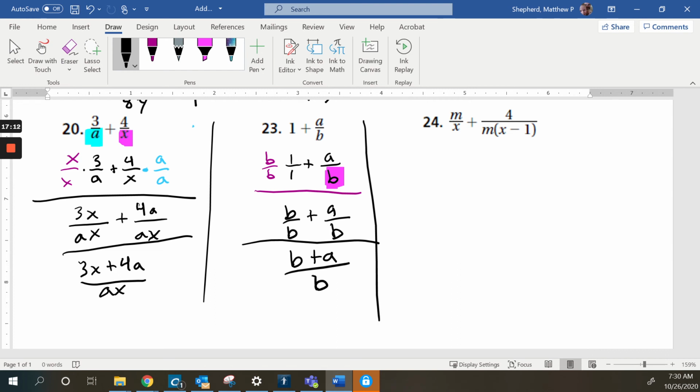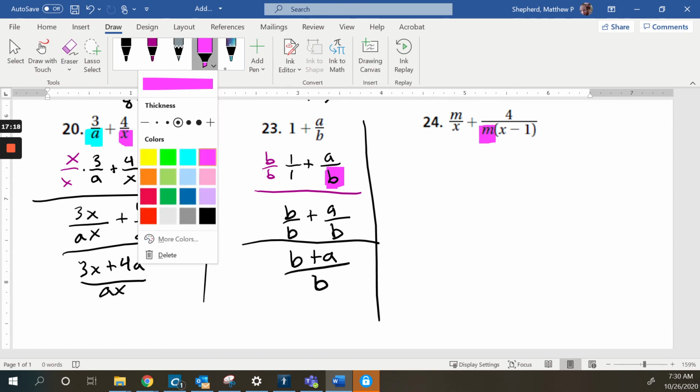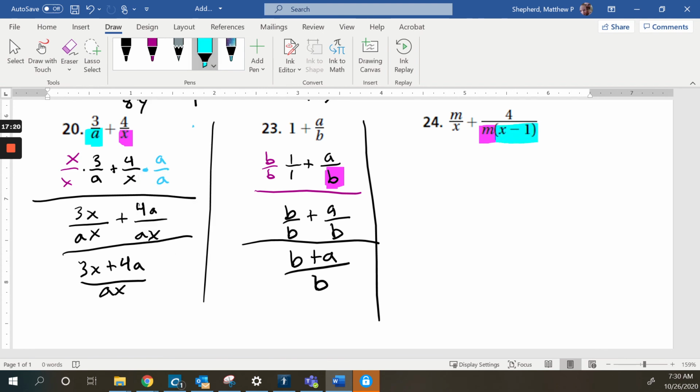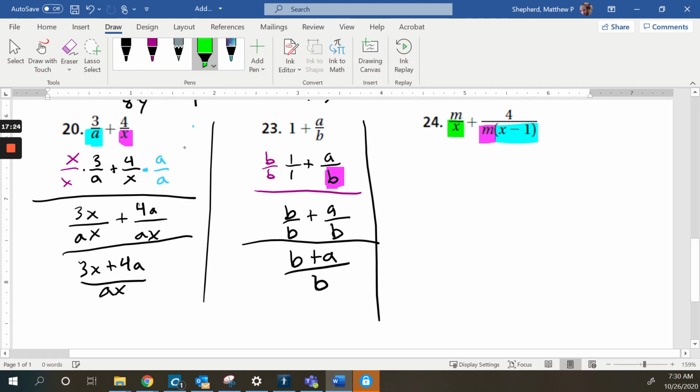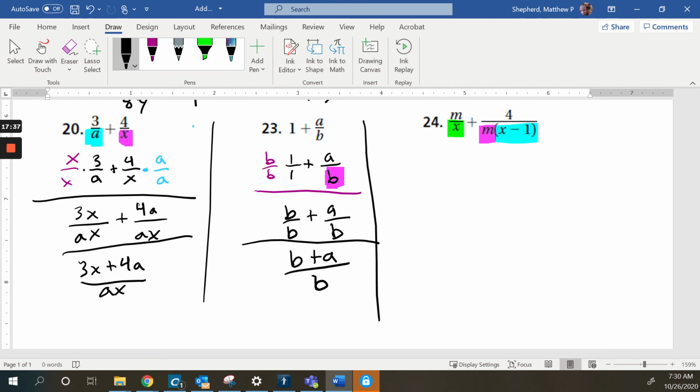So in this next one, once again, we do not have like denominators. We've got 3 different factors at play this time. But it's not going to make much of a difference, because none of those factors are the same from fraction to fraction. So we're going to continue with what we've been doing: multiply the opposite side by the entire denominator.